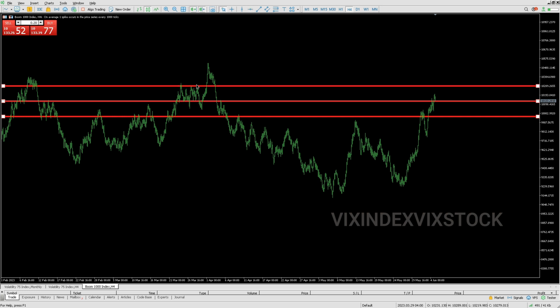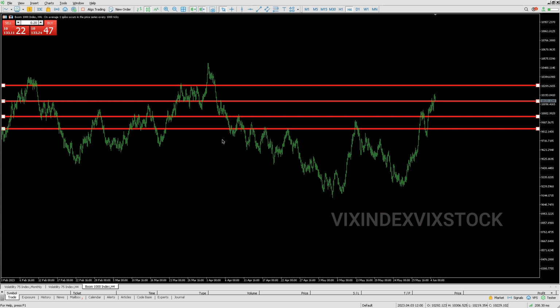Here I'm just picking random levels so that I can illustrate the point I'm trying to make with you guys. You can use these levels either for scalping or for swing trading. Basically, for me, this is the no stress way of trading boom and crash.